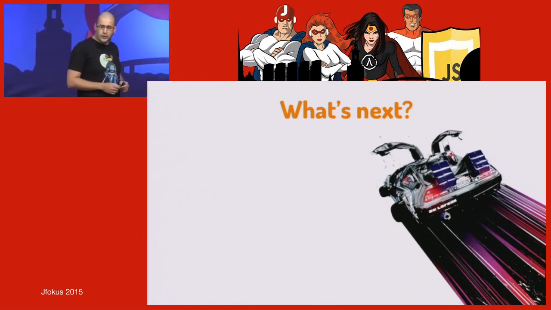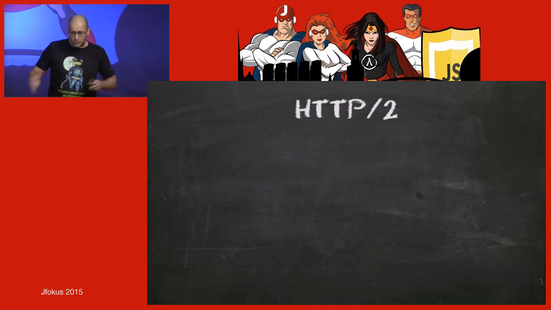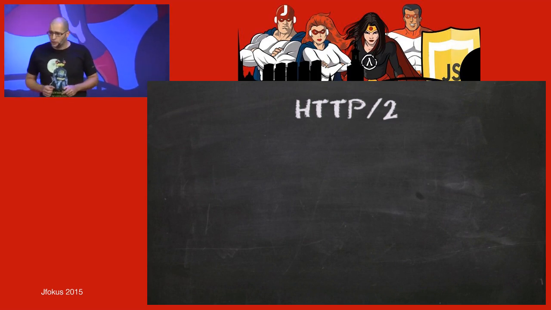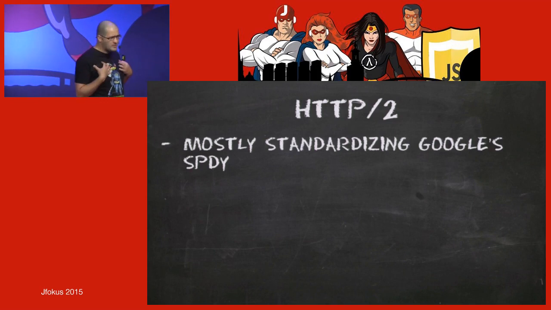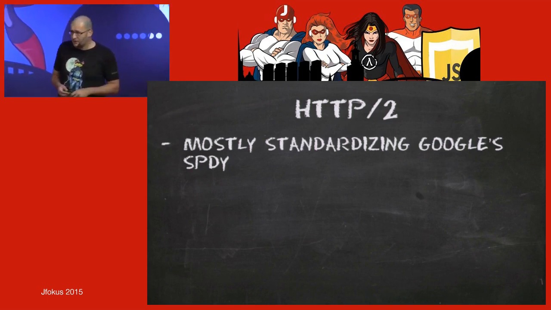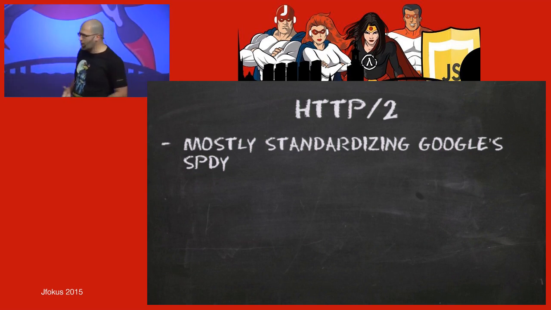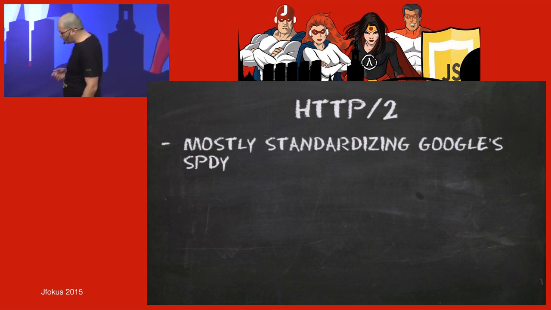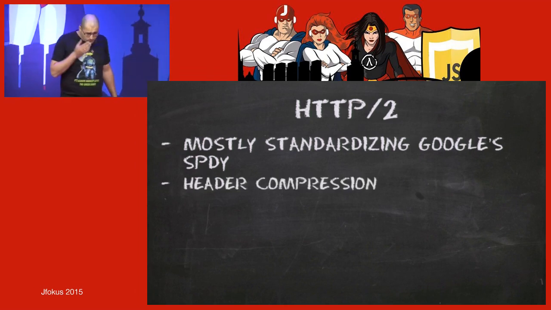Well, and the future is HTTP 2 with a very strange name. You know, everyone tries to find some nice way to write version 2. This is how HTTP guys do it. From the user perspective, from the browser perspective, you probably won't see any breaking changes in the way you work with HTTP, but HTTP 2 is mostly about standardizing the Google SPDY protocol.